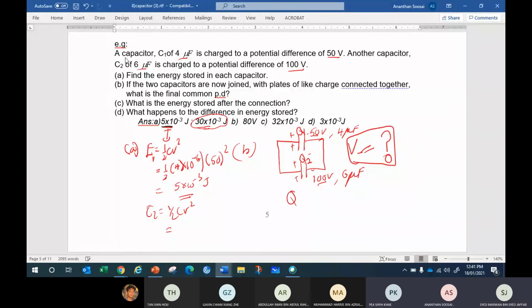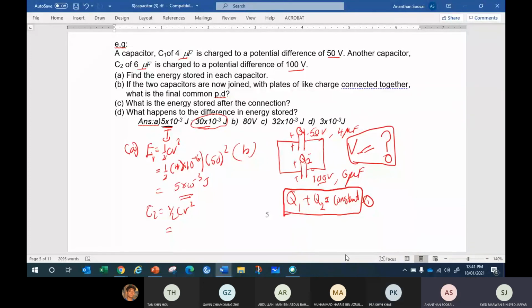Yes. Q1 plus Q2 is always constant for this circuit. Okay, this is the first equation. So find the Q1 and Q2.